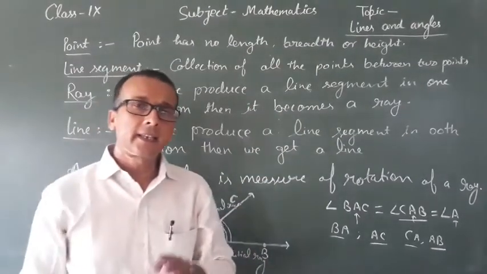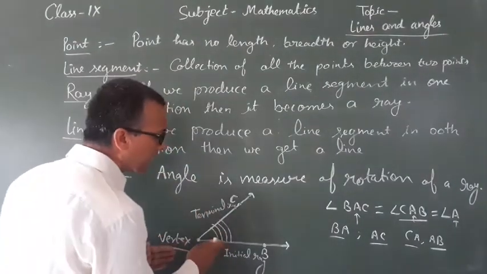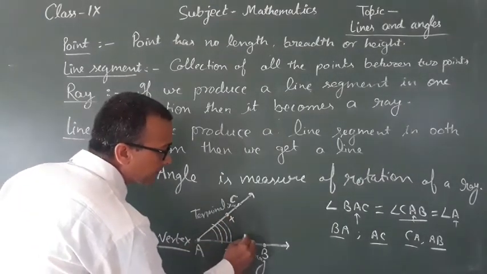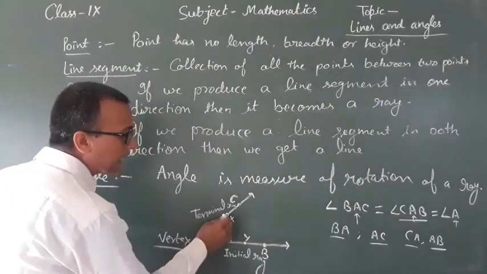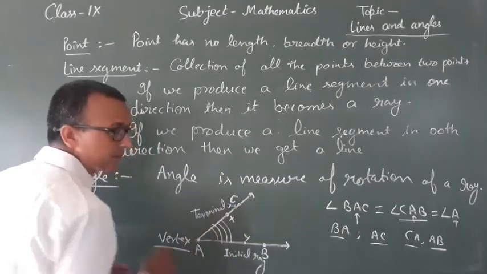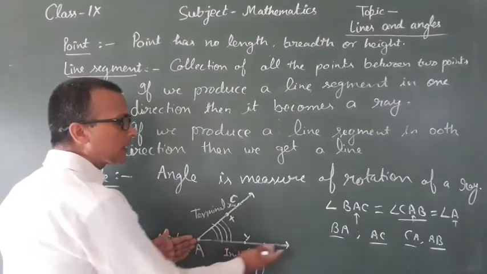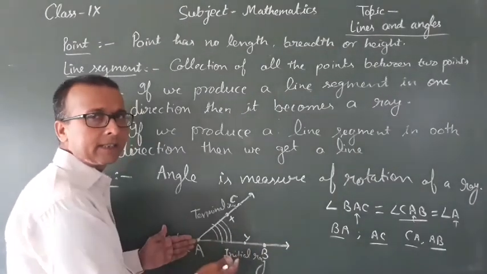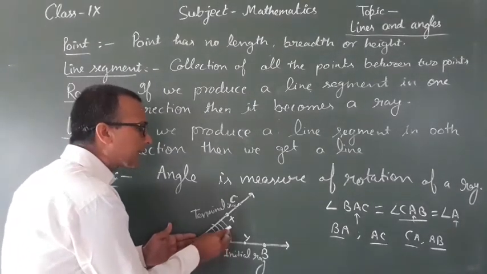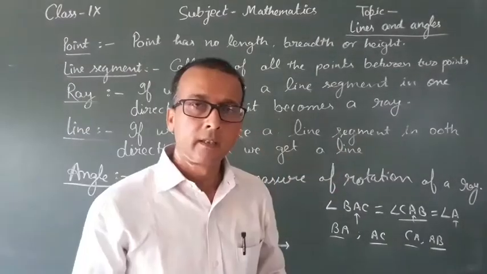Dear students, here there is no difference between XAY or YAX or CAY or BAX, because it does not matter how long the ray or line segment is. It matters only the rotation, how it rotates, what is the measure of rotation.